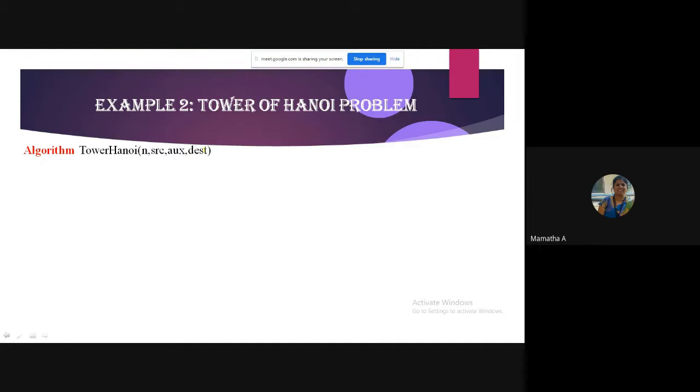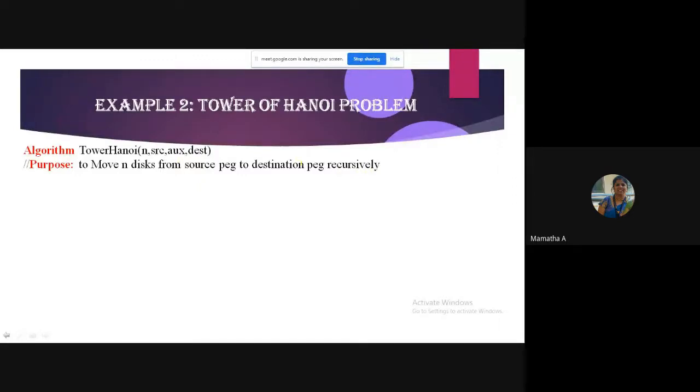To move n disks from the first peg to the last peg. Yes, to move the n disks from source peg to the destination peg recursively. Remember, you should write the keyword recursively.